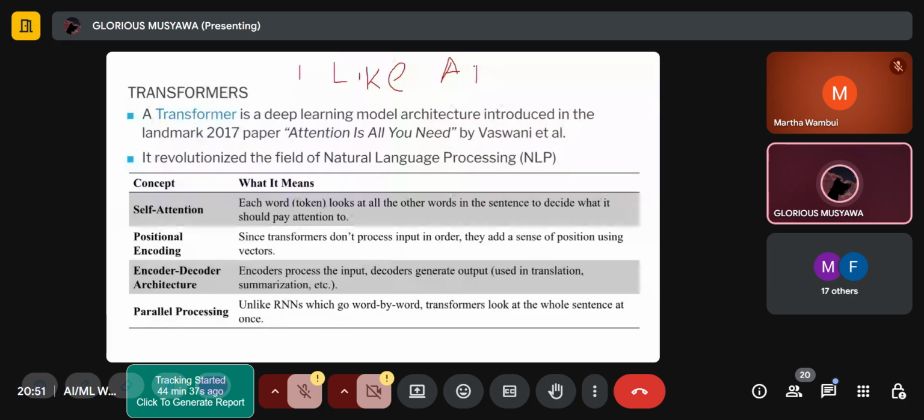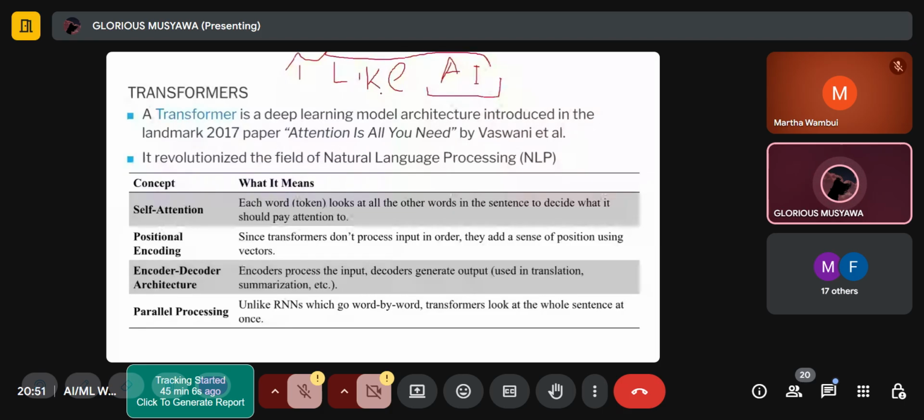Instead of processing each token individually, it looks at the entire sentence, all the tokens, and tries to see which one gives context to the sentence. This could be AI, depending on what sentence we are looking at.